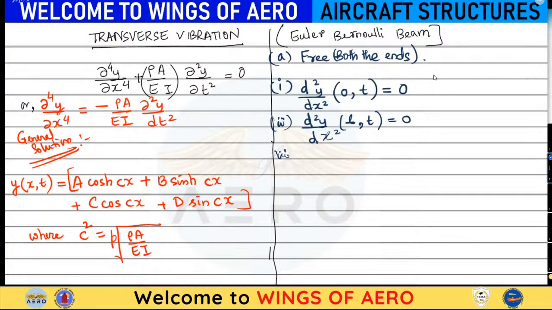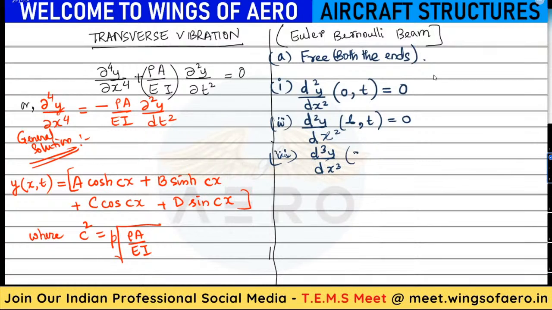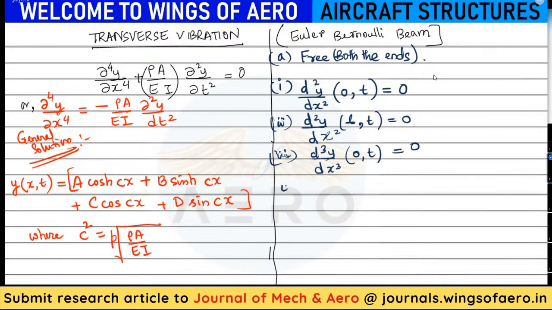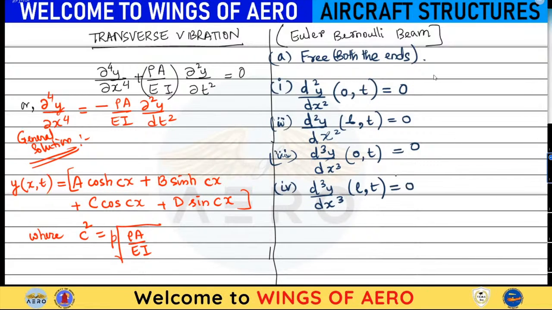Then the third one will be d cube y by dx cube of 0 comma t, which will also be 0. And the fourth one will be d cube y by dx cube of L comma t equals 0.